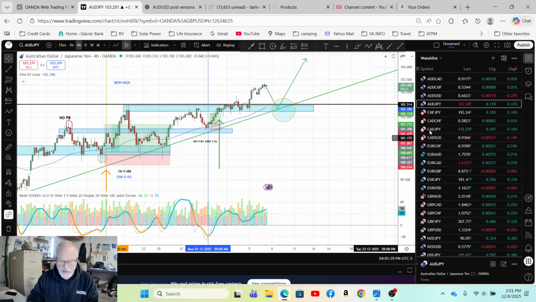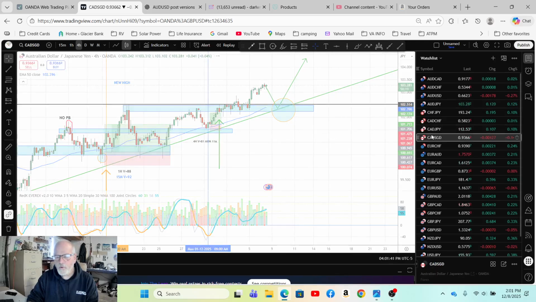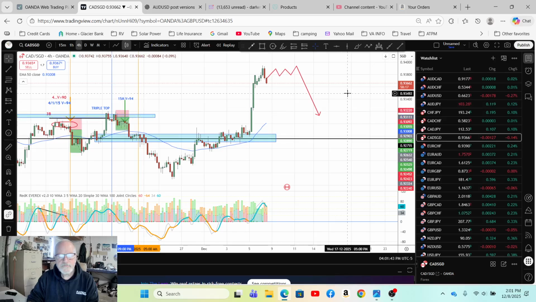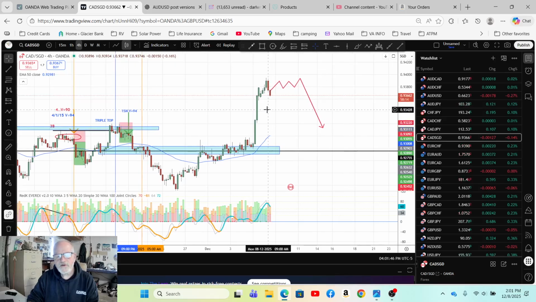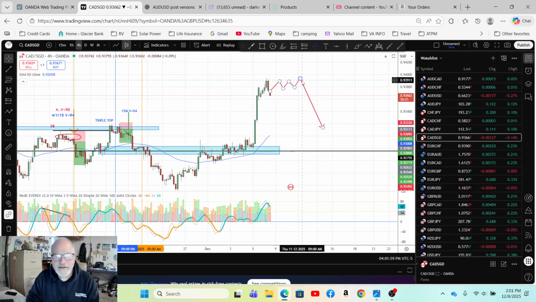The Canadian dollar to the Singapore dollar. This one I was watching for perhaps a reversal. I was looking for a shooting star formation up here for a setup. And so when that didn't happen, this is what I was thinking.